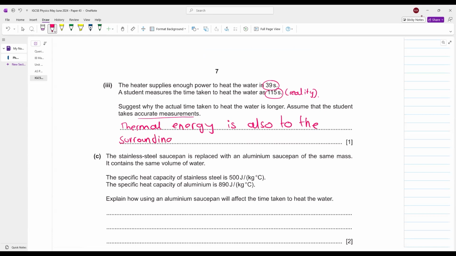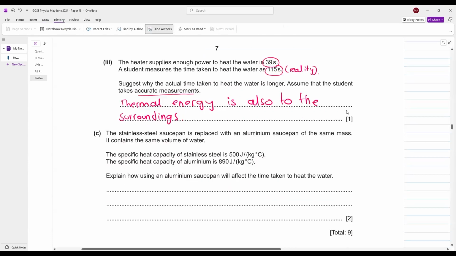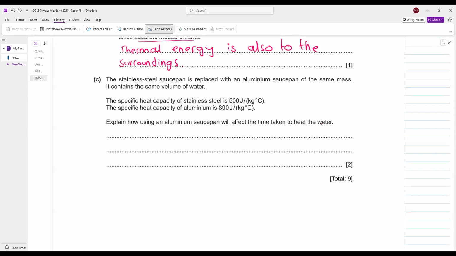Simple. आगे बढ़ते हैं. The stainless steel saucepan is replaced with an aluminum saucepan of the same mass. It contains the same volume of water. The specific heat capacity of stainless steel is 500 joules per kg. The specific heat capacity of aluminum is 890 joules per kg.